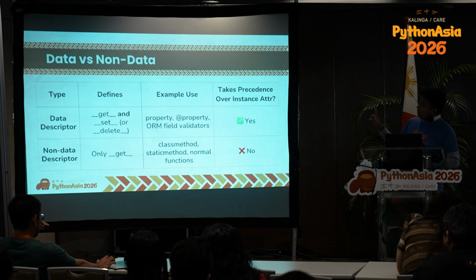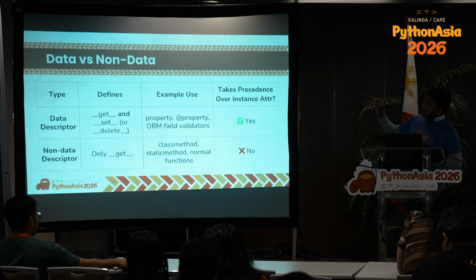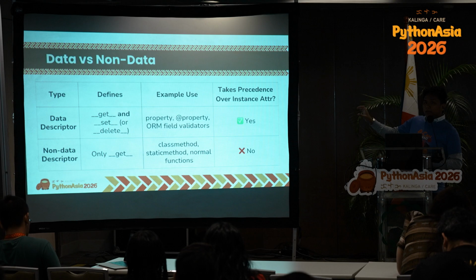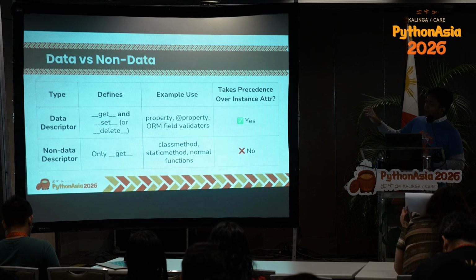Ideally, the thing you need to know is that if you are using a data descriptor, even if you define a dictionary and everything, it will first check the get function. So it is strict. You cannot just set anything; it will first go through the get function.